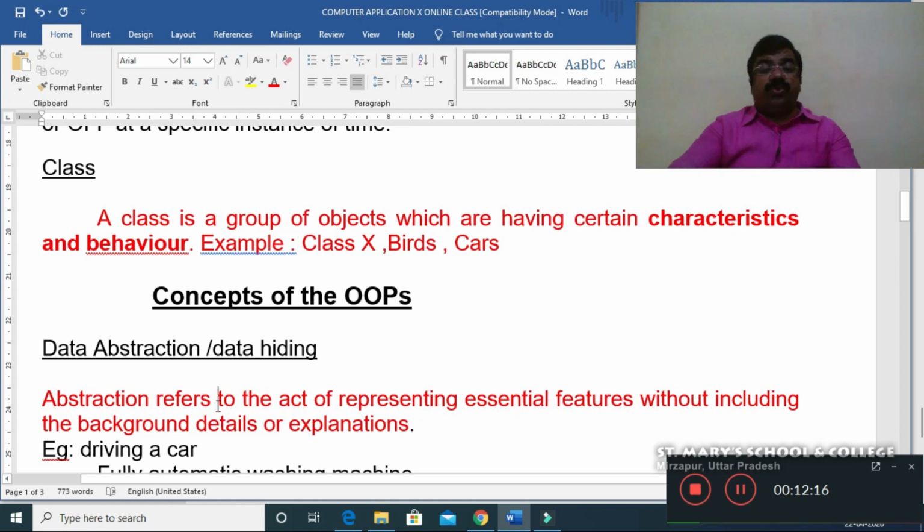Abstraction refers to the act of representing essential features without including the background details or explanations. It is referring to the essential features without going into the background details.